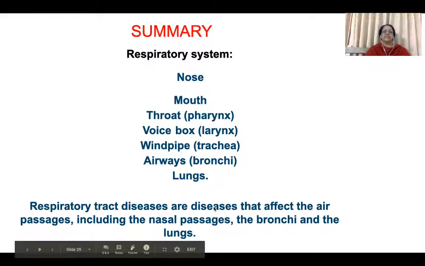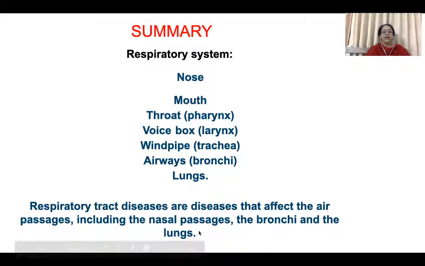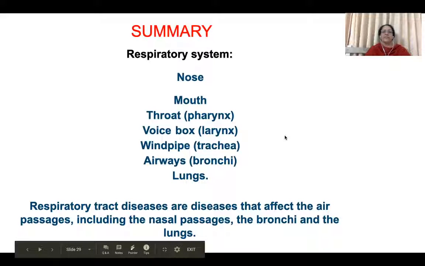Respiratory tract diseases are diseases that affect the air passages, including the nasal passages, the bronchi, and the lungs. A variety of microorganisms cause infections of the respiratory tract. In that, bacteria are included, fungi, viruses, as well as some protozoa. This is all about the respiratory system.